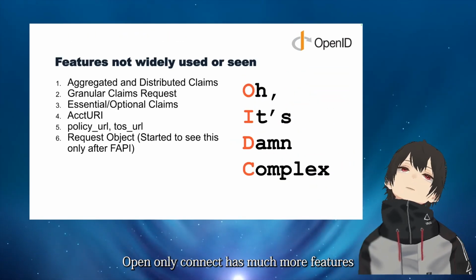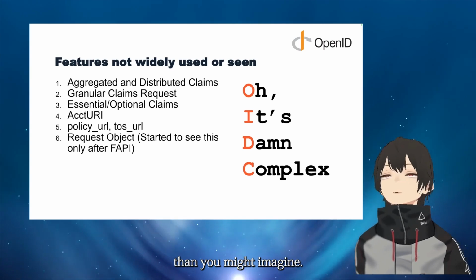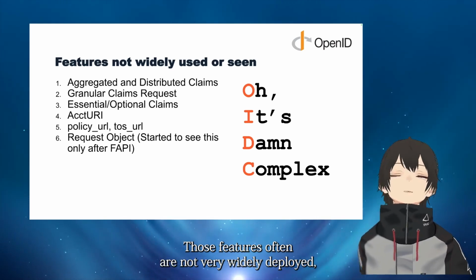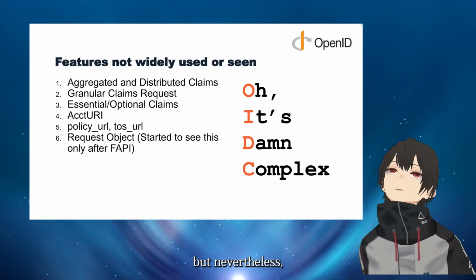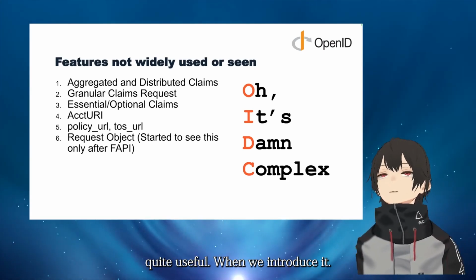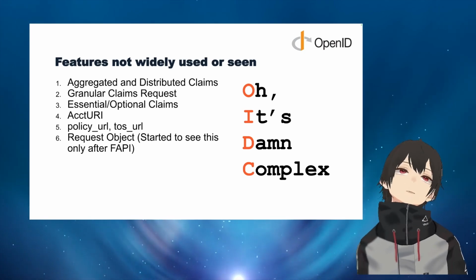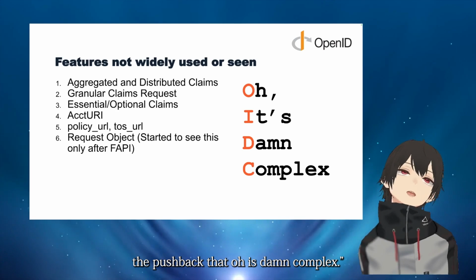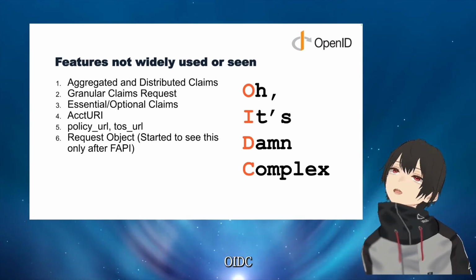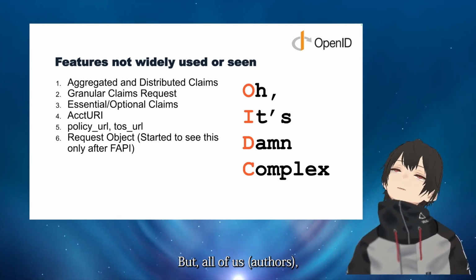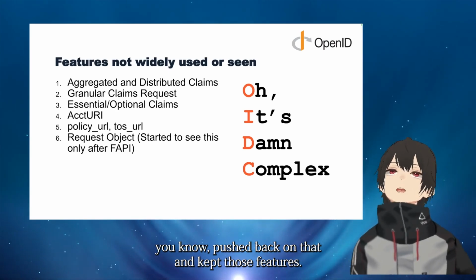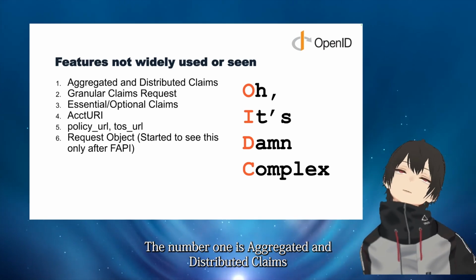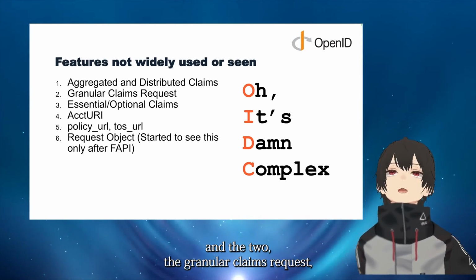OpenID Connect has many more features than you might imagine. Those features often are not very widely deployed, but nevertheless quite useful. When we introduced it, it got the pushback that, oh, it's damn complex, OIDC. But the authors pushed back on that and kept those features. Number one is aggregated and distributed claims. Number two is the granular claims request.